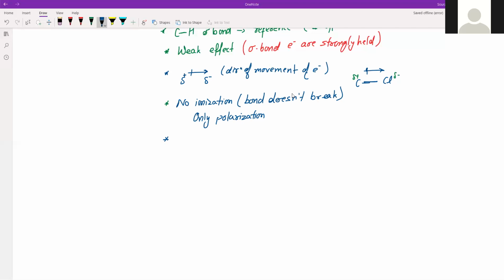When there is O, it does not guarantee that there will be only a pi bond. A pi bond means there is already a sigma bond, but if a pi bond is there, there won't be an I effect.